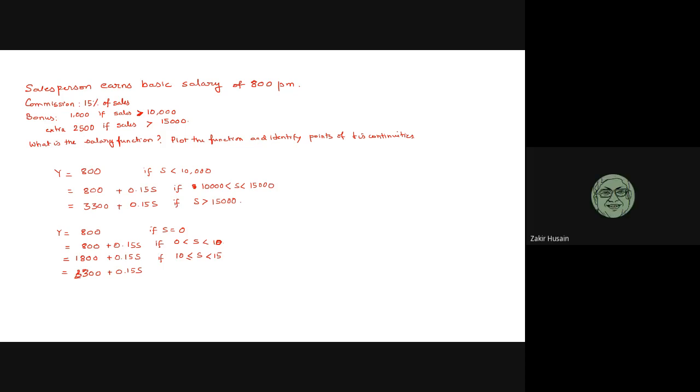If S is greater than 15,000. Okay, so how do we plot this? First we'll have a parallel line. Let us say this is 800. Then you're jumping by 1000. Then 2500.